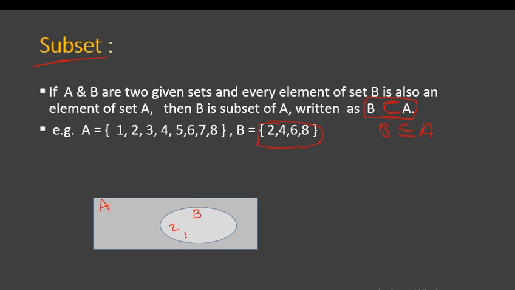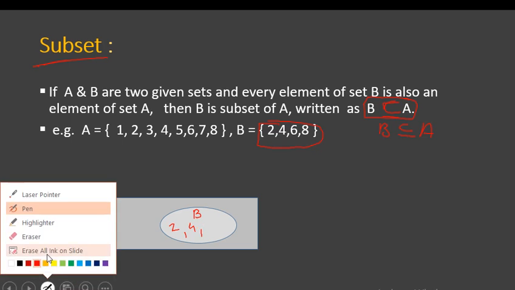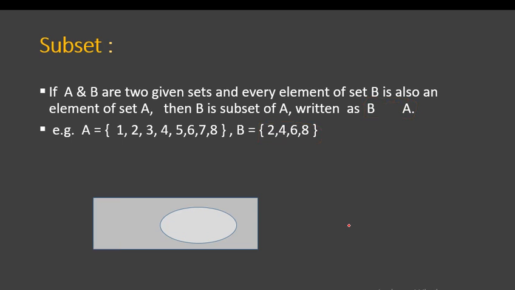So we'll write 2, 4, sorry, commas are not included in Venn diagrams, so we will erase this. First write capital B. There are 4 elements, 2, 4, 6 and 8. And the rest of the elements of set A we will write in this rectangle.